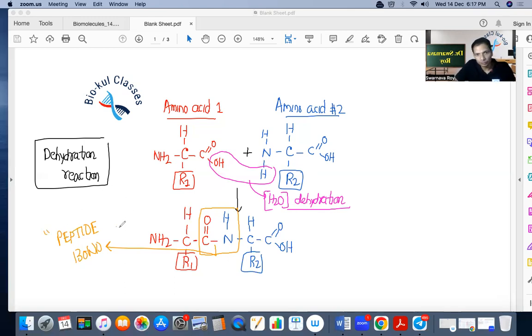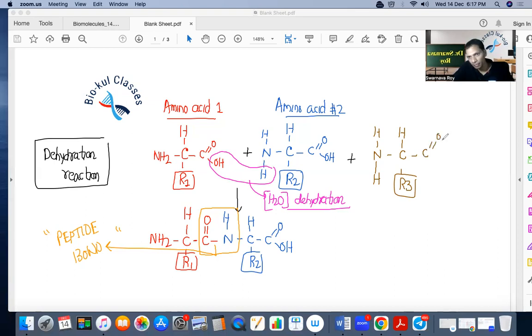Now, here we see 2 amino acids binding. There can also be a third amino acid. So let's say we have a third amino acid, which again has the N, H. This is the alpha carbon. This is another side chain R group.